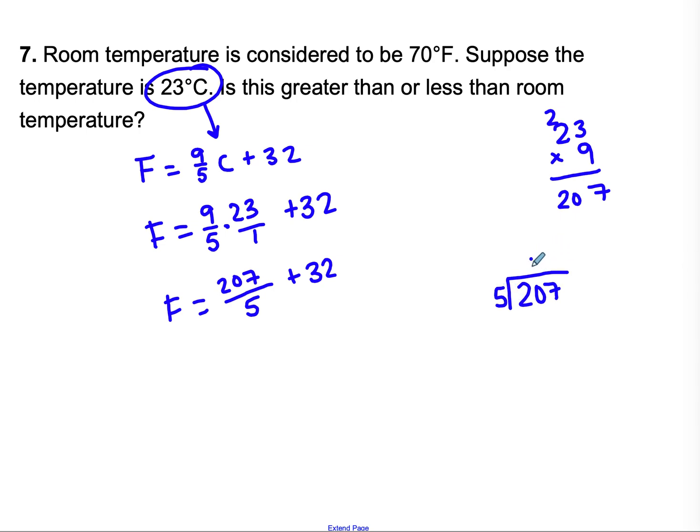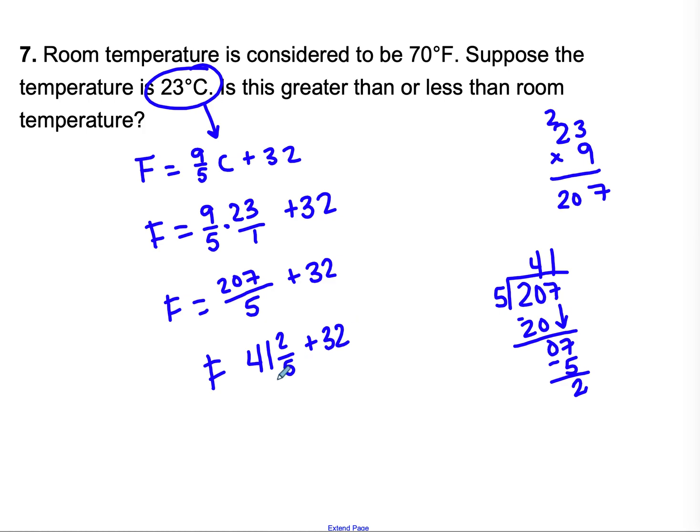Let's see, 5 goes into 20 four times. It's 0, and then I need to bring down that 7. 5 goes into 7 one time. 2 is a remainder. So this as a mixed number is 41 and 2/5. Goes in 41 times with 2 as a remainder.